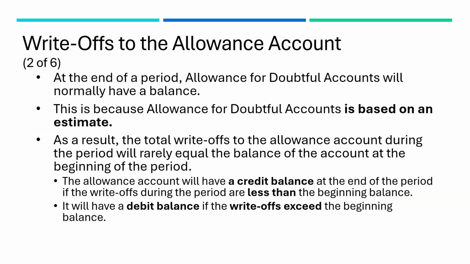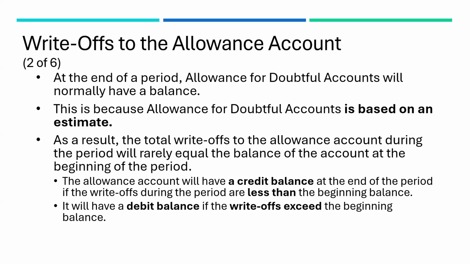And at the end of the period, before the adjustment is made, the allowance for doubtful accounts will have a balance. And that's because it's an estimate. We can't estimate it exactly correct every single year. And so in the previous year, if we underestimated the allowance for doubtful accounts, then at the end of the year, it's going to still have a credit balance.